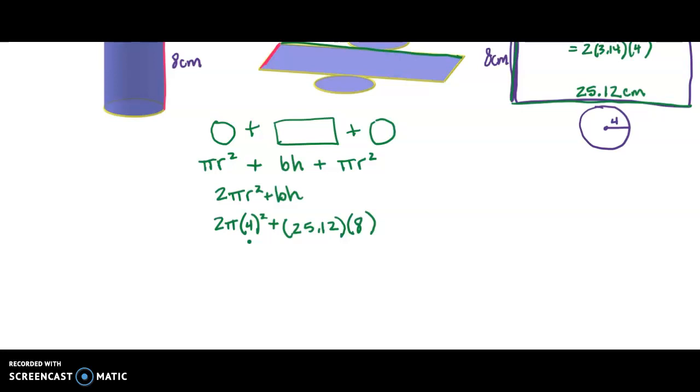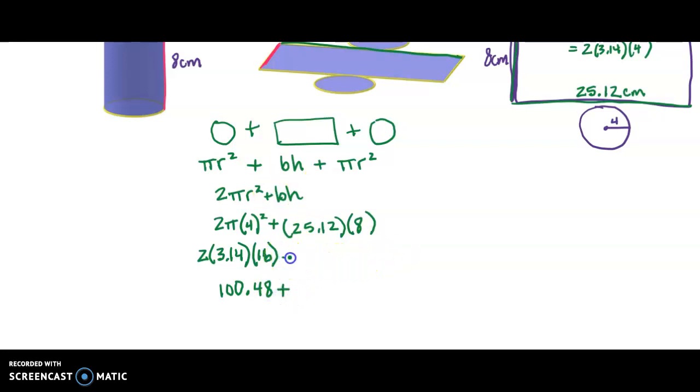I'm going to get 16. I'll multiply it by 3.14, and I'll multiply it by 2. I'm replacing pi with 3.14, which is what most of the directions tell you to do. And then I did 4 squared, which is 16. Put that all together, you should get 100.48.